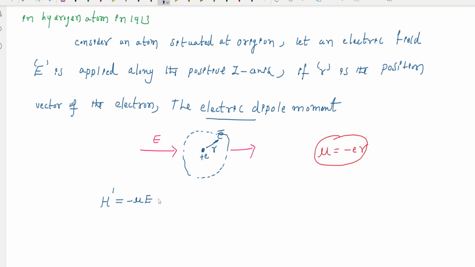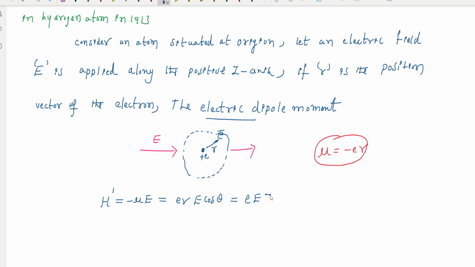That equals ER cos theta, right? E cos theta. This is electric field.